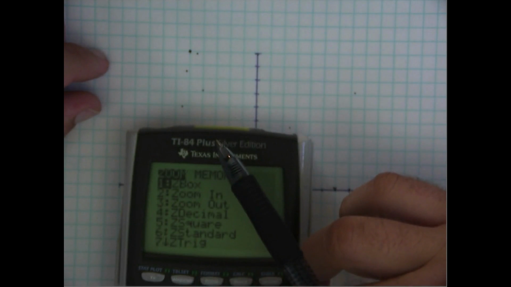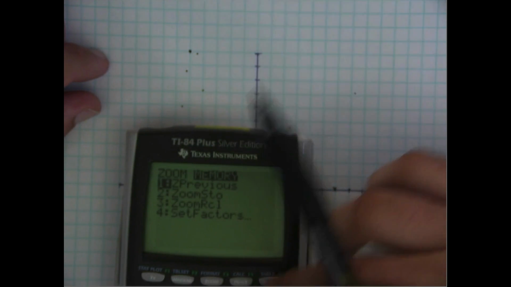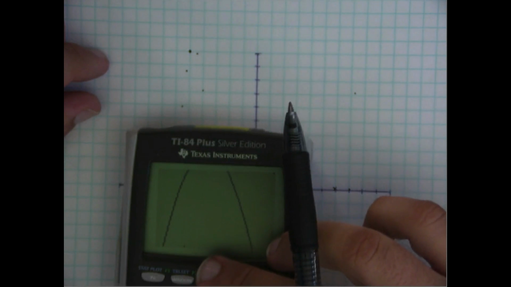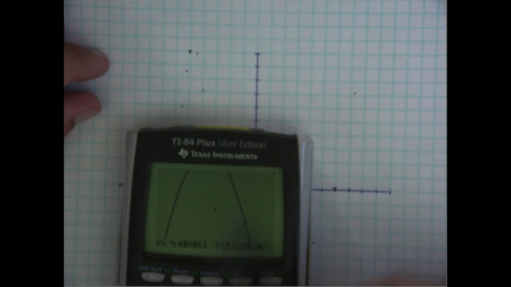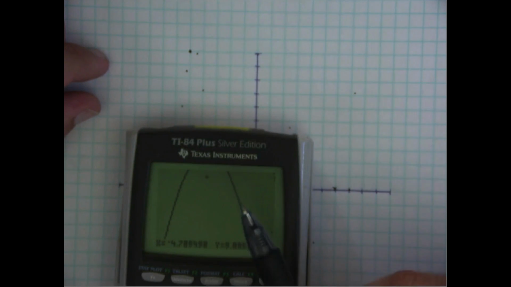Let me zoom in to my previous. I'll try to zoom out a little bit. Starting from, let's say right there.